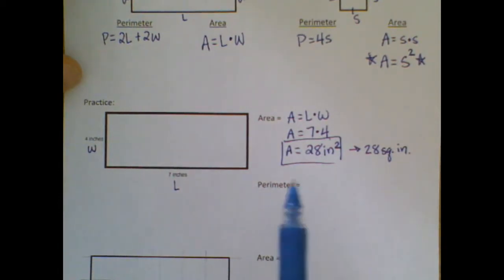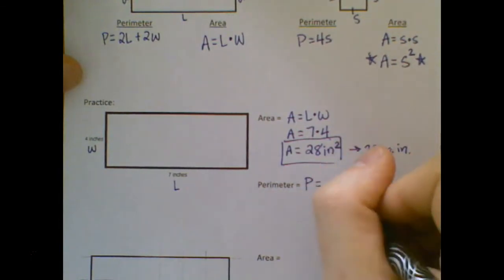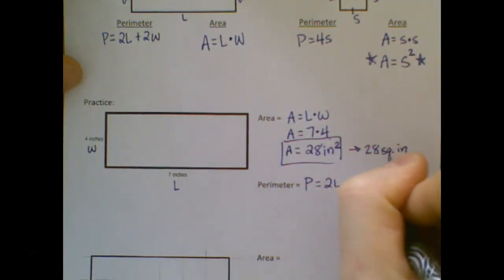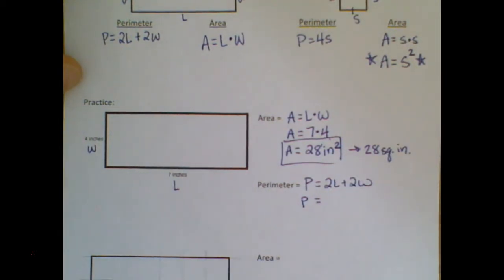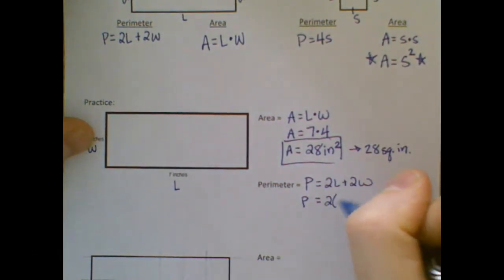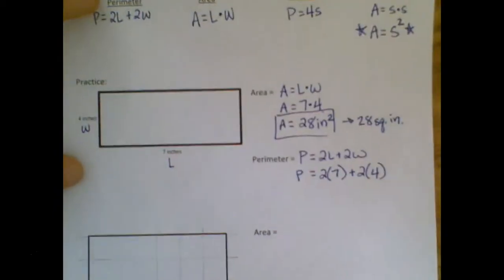All right, perimeter. Formula is P equals 2L plus 2W. So start with writing the formula in there, and then we're just going to plug in the values that we have. All right, 2 times the length, which is 7, plus 2 times the width, which is 4. Gives us that right there.